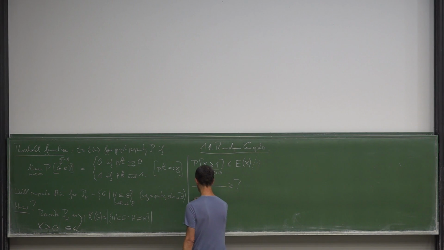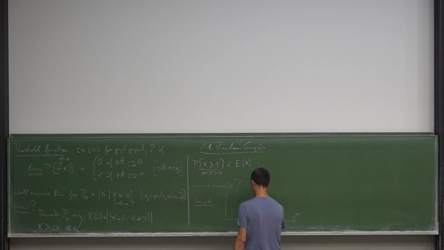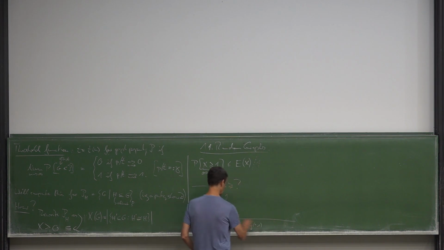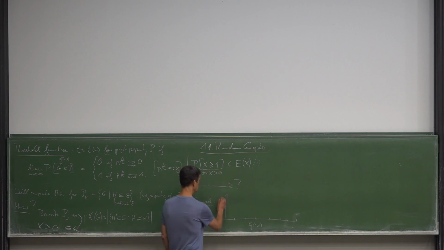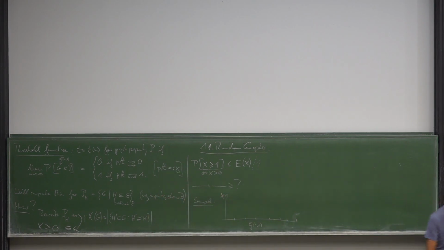Example. I have our graphs here, G(n,p), all these graphs, the random graphs, elements of G(n,p), and we have X there, and we want the measure of the graphs where X is positive to be large.